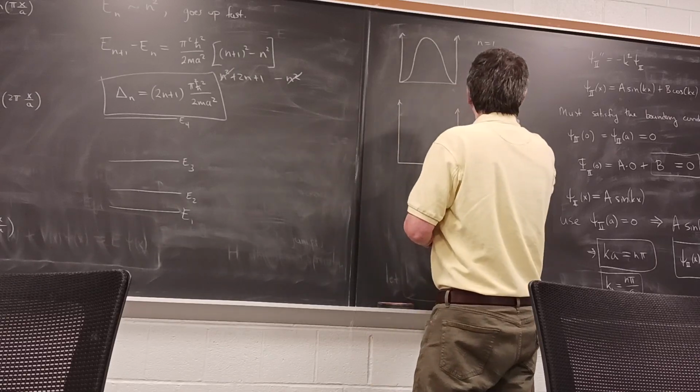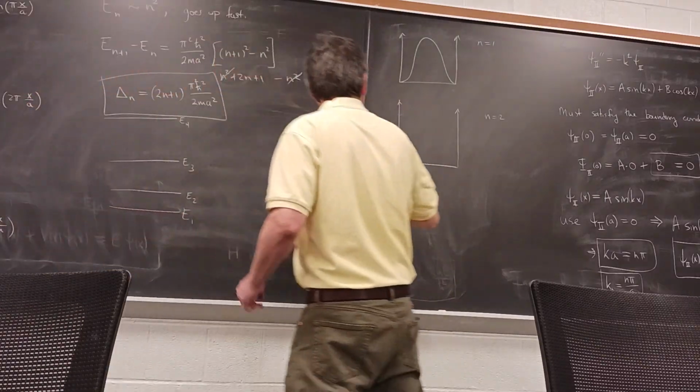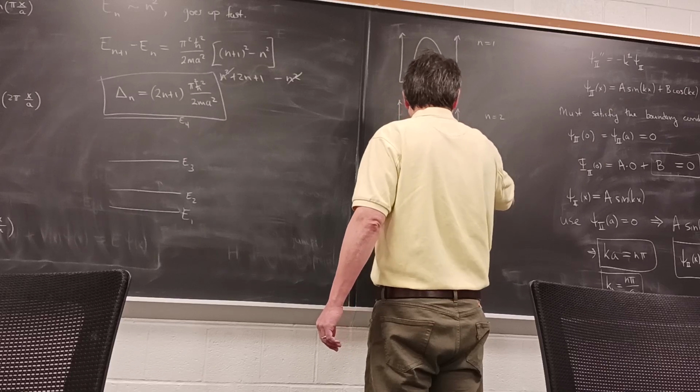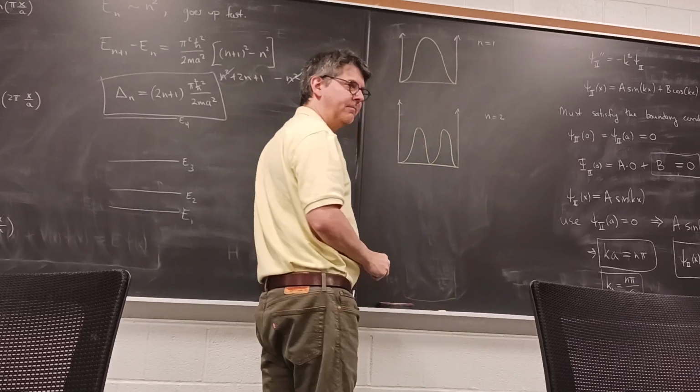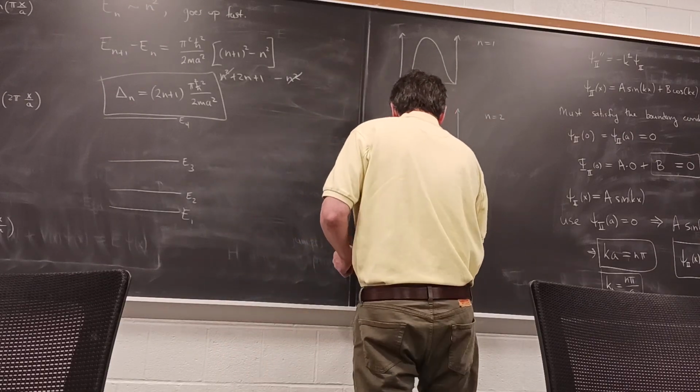And then for n equals 2, it has to go smoothly to 0 at the middle. Okay, that's what I remember. So there's no probability of finding it in the middle of the box.